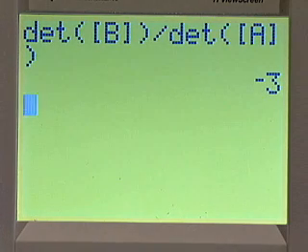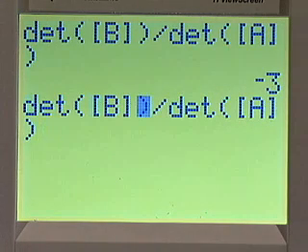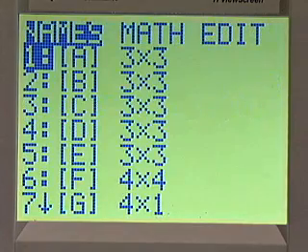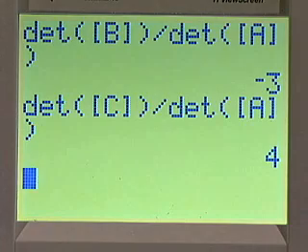Likewise, we can press second entry, go back up to here, and change that B to matrix C, which I put in as my D sub y, and find out that y equals 4.